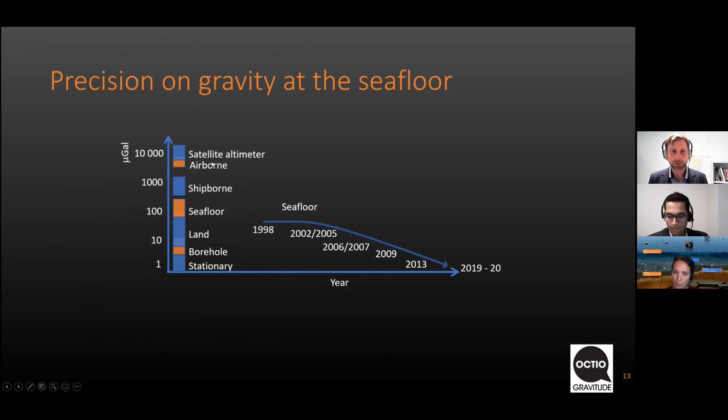I just wanted to show this slide to show the difference in the precision you can obtain from different types of method. Shipborne is about 1,000 microgal, while the seabed gravity signals we are able to obtain are in the range of 1 microgal.